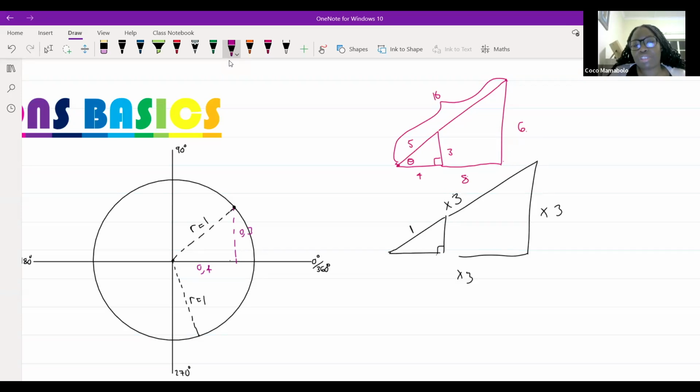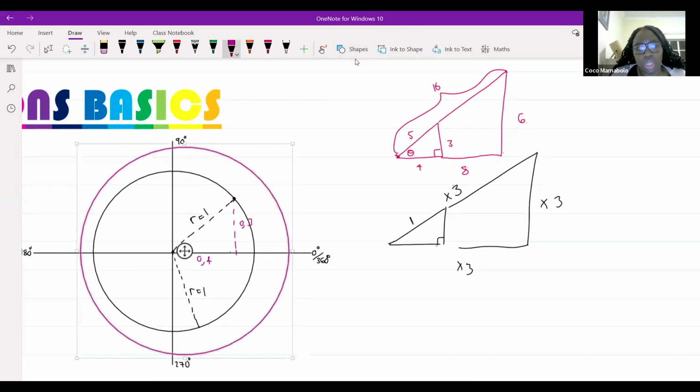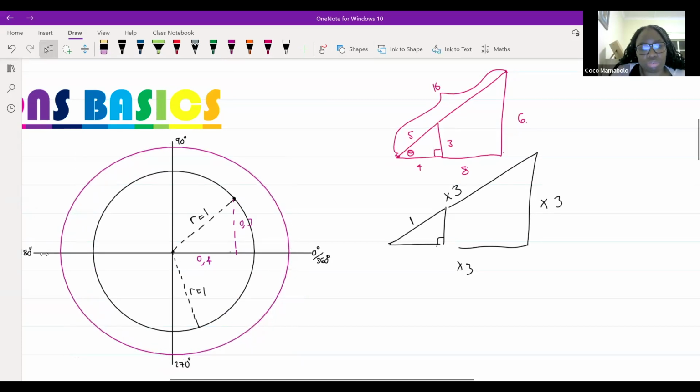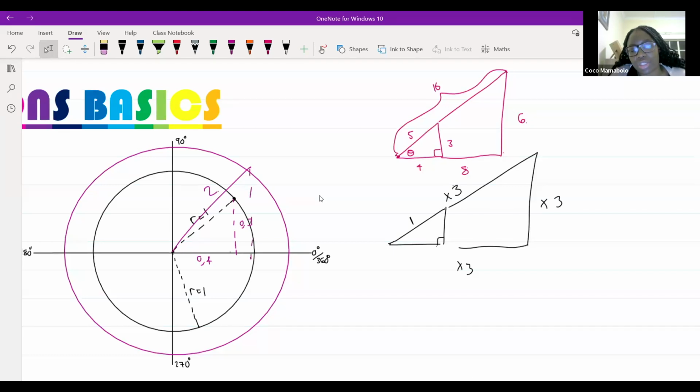If my circle has a radius of 1, and I then decide to draw a circle with a radius of 2, if the radius of the purple circle is 2, then all I need to do to find this side is just go times 2. And this side over here, times 2. Okay. Making sense? Right. The ratio of 1 just makes it easier for us to multiply out when we look for the ratio of any other one.